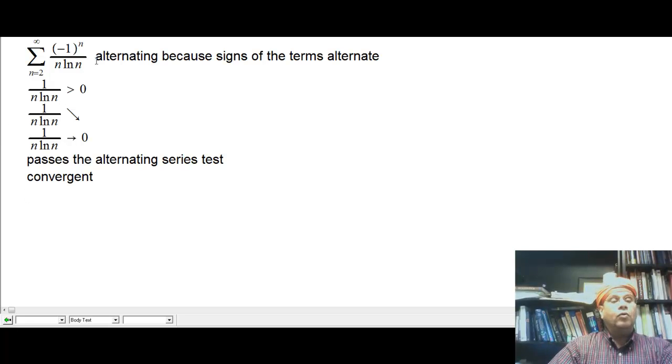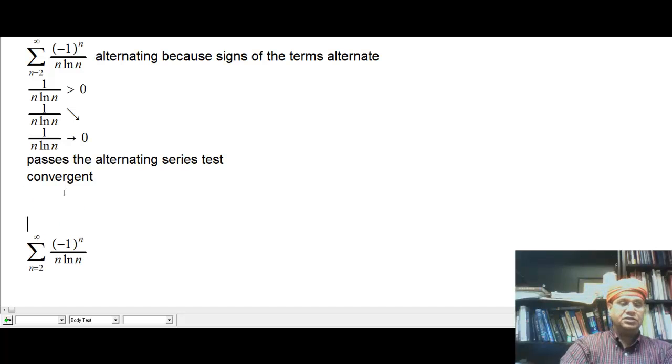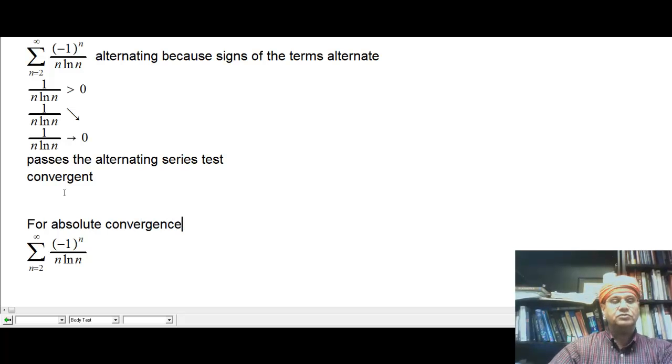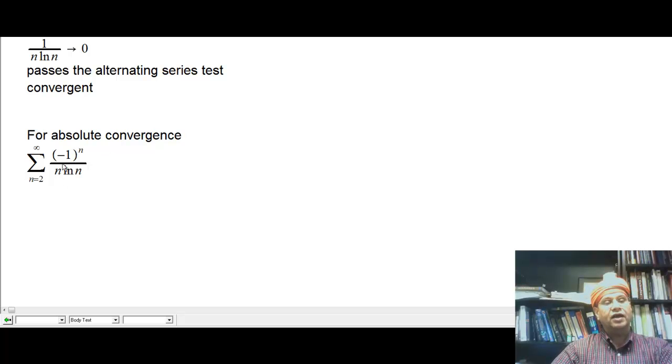Now we have to check whether it is absolutely convergent or not, right? So for absolute convergence, we take all the absolute values of the terms, so that (-1) to the power n is gone.